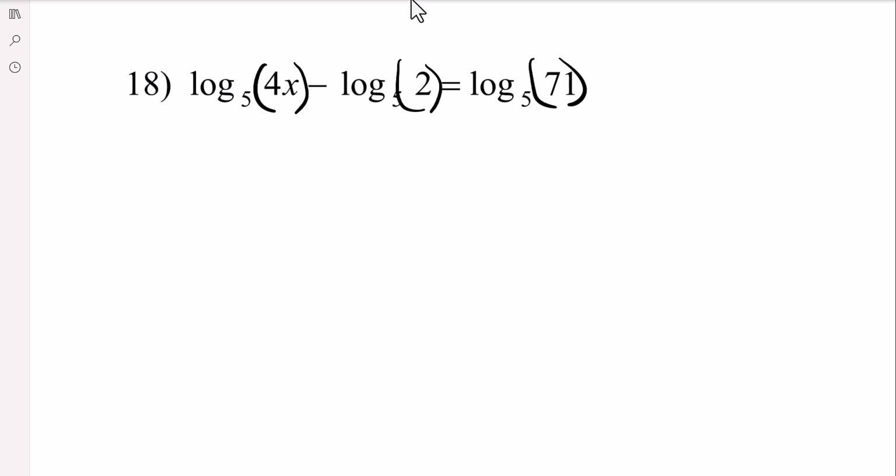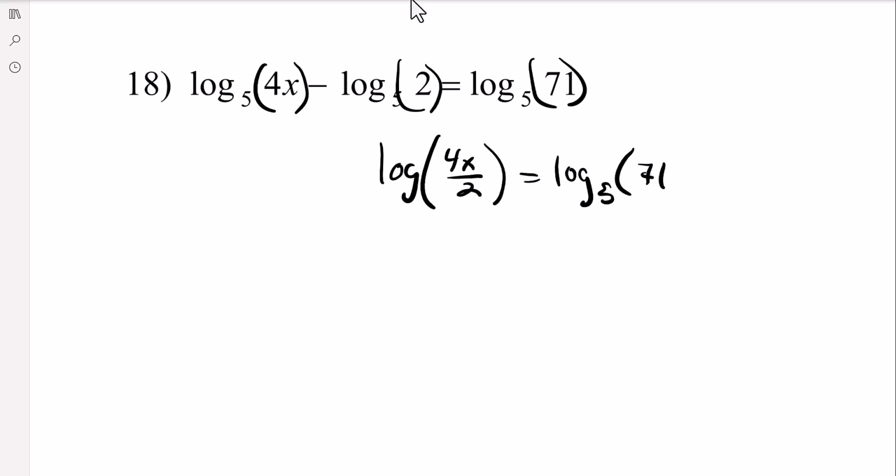Those are all base 5. So we can write this as log of x divided by 2 is equal to log base 5 of 71. Well, 4x/2, that's just going to say 2x in there. The logs of base 5 are the same on both sides.